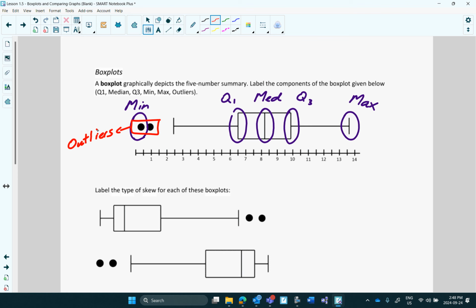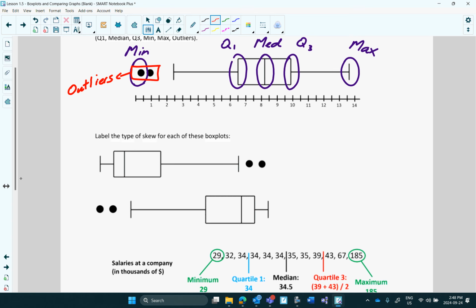So you don't really have to worry too much about constructing a box plot, but more about interpreting it and comparing box plots, which we're going to finish this lesson with. You can use box plots to determine skew or whether they're roughly symmetrical. This should be obvious to you, hopefully, that it is skewed to the right.